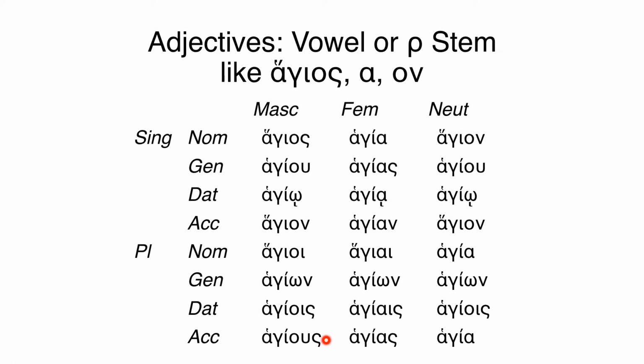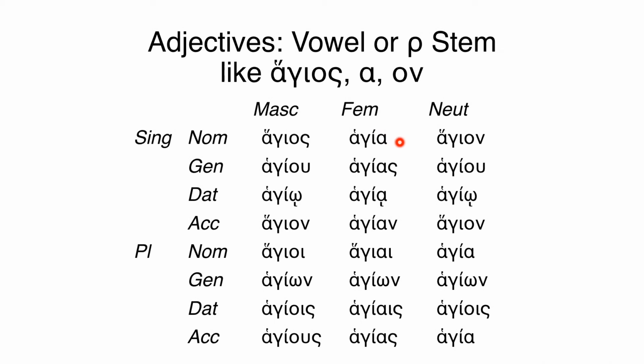Now again, these endings will be familiar. In fact, these endings are no different from the ones we just saw for agathos. Where we see the difference is in the feminine column. And instead of having an ita or eta ending like graphi or graphe, we have an alpha ending like ora.